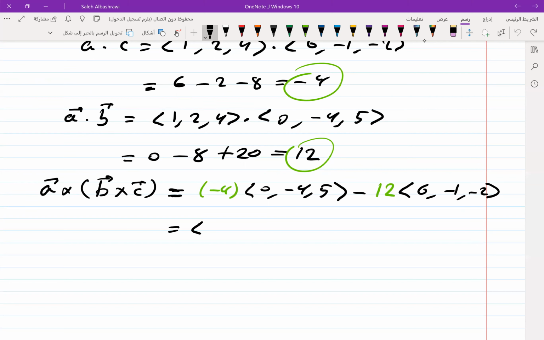So I have 0, 16, minus 20, minus 12 times 6, which is minus 72, plus 12 and plus 24.